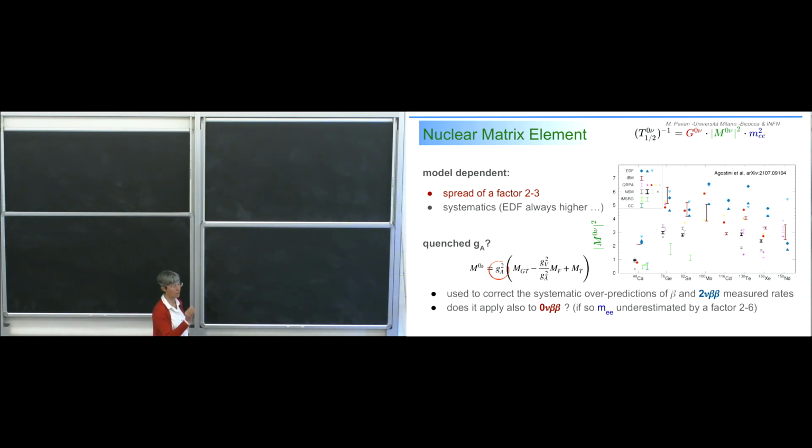But once you have seen that the decay exists, you can say the neutrino is a Majorana particle. Then you have to convert your signature into a Majorana mass.